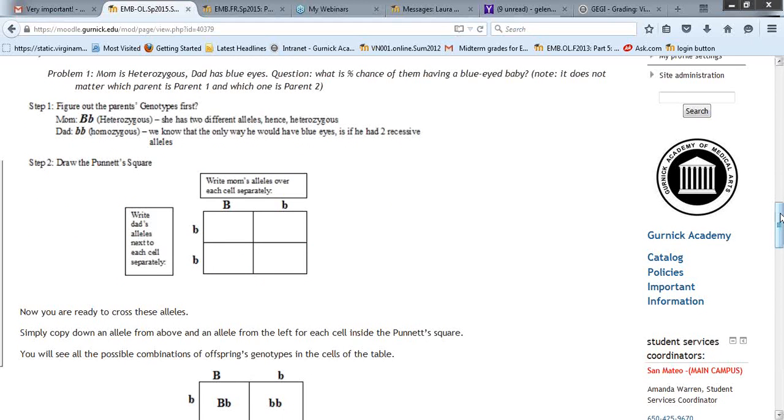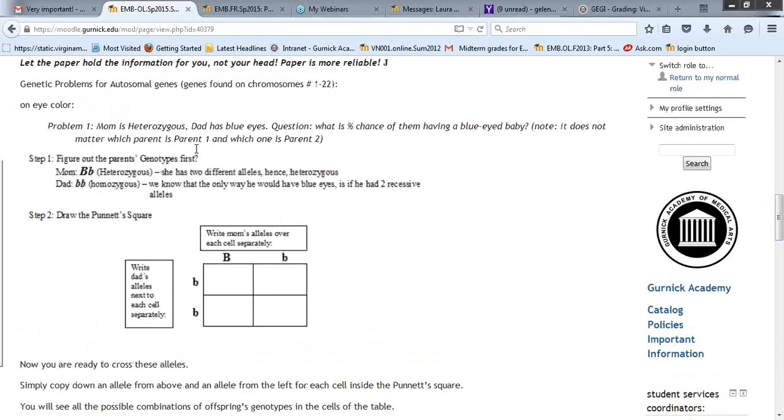Let's take a look at this problem over here. Problem 1. Mom is heterozygous. Dad has blue eyes. The question is, what is the percent chance of them having a blue-eyed baby? Now, it doesn't matter which parent you put horizontally and which vertically, but it's very important that we understand the steps.